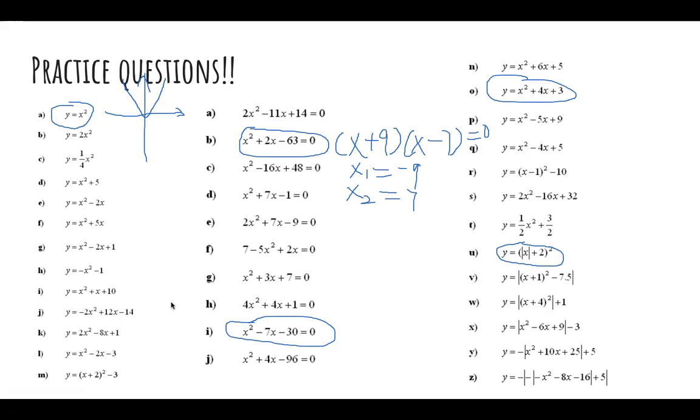Okay, so we're gonna factor this. That's -13, so x minus 10 and x plus 3. So we also come out with two solutions, +10 and -3.